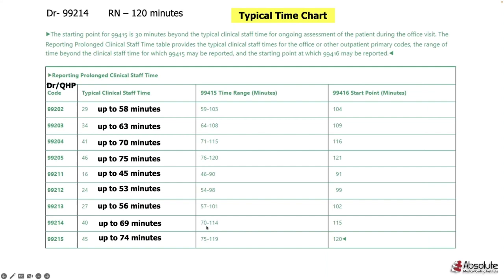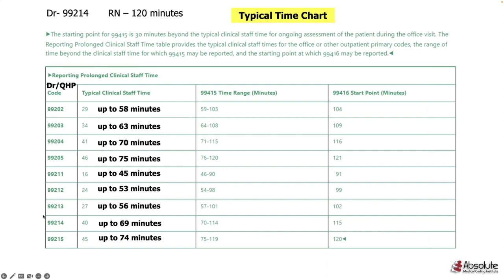We've already established we can use 99415 because we've exceeded 114 minutes. So let's see if we can use any other. Yes, we are 120 minutes. So yeah, we're falling in this box. So we can code both 99415 and 99416.